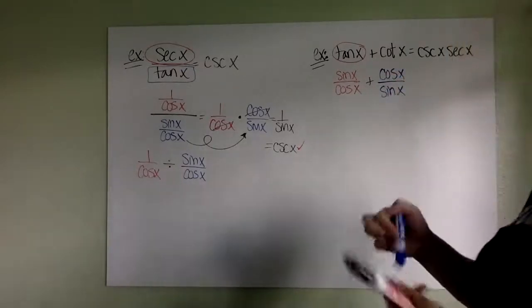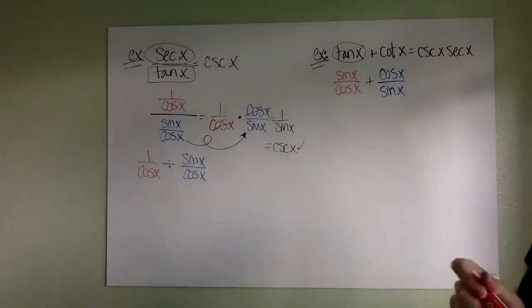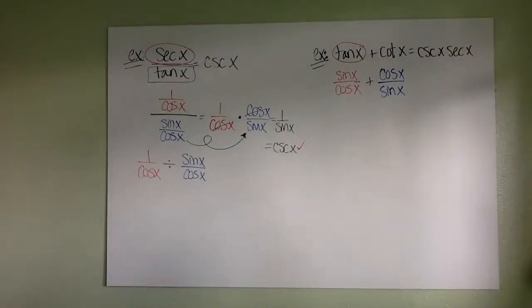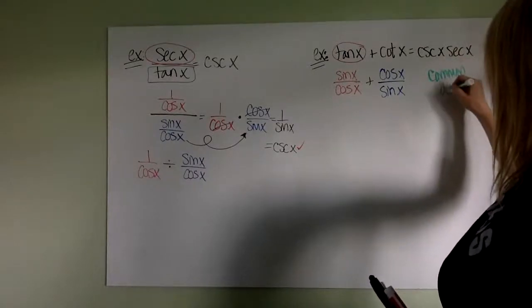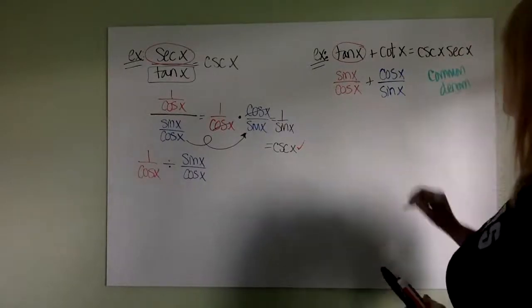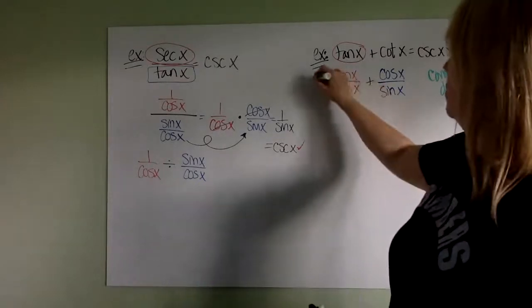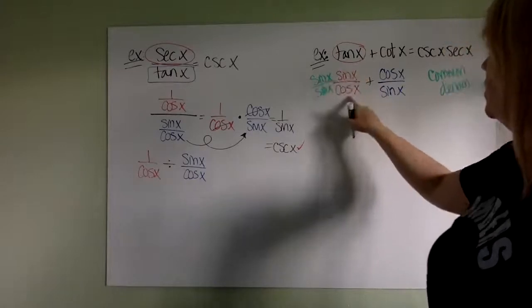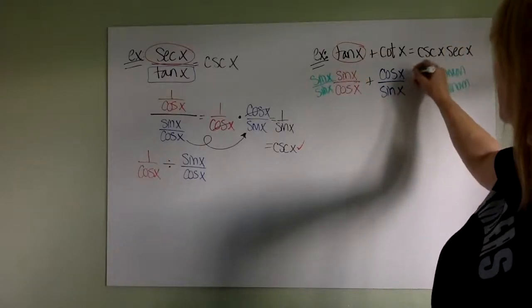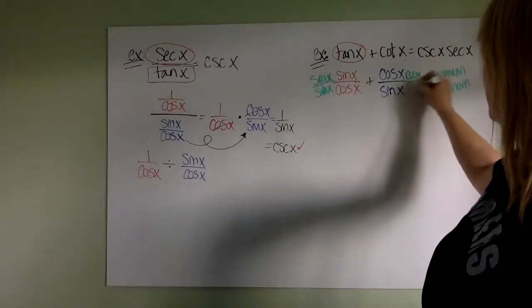Now, in order to add these two fractions together, I need a common denominator, right? So this fraction has a sine, so I'm going to multiply it by sine over sine. And this fraction has a cosine, so I'm going to multiply this one by cosine over cosine.